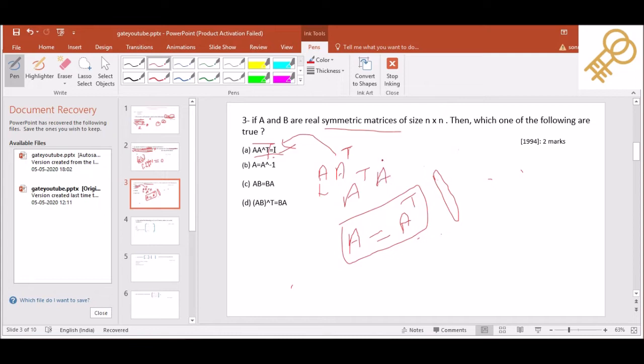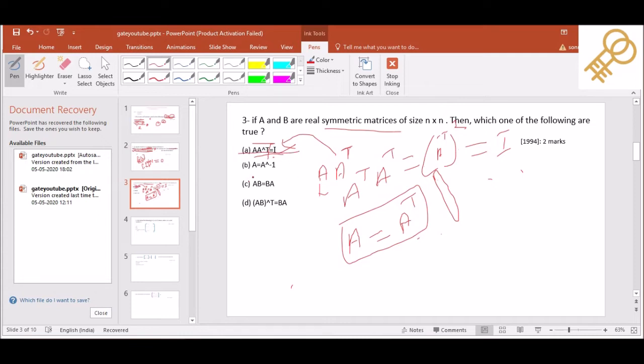So A A transpose will be A squared, which will not be equal to the identity matrix. I'm not able to determine the right hand side, so this will not be our correct option.